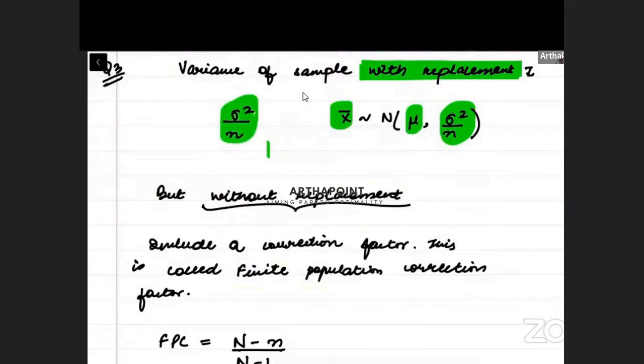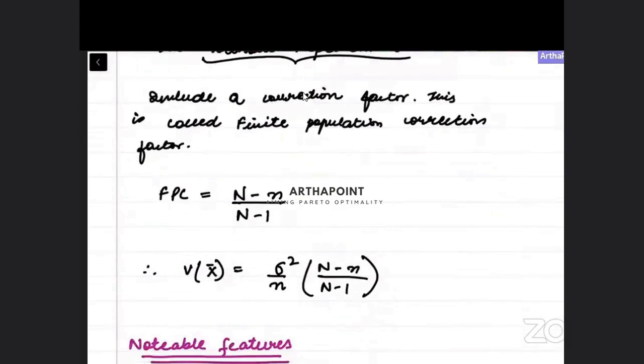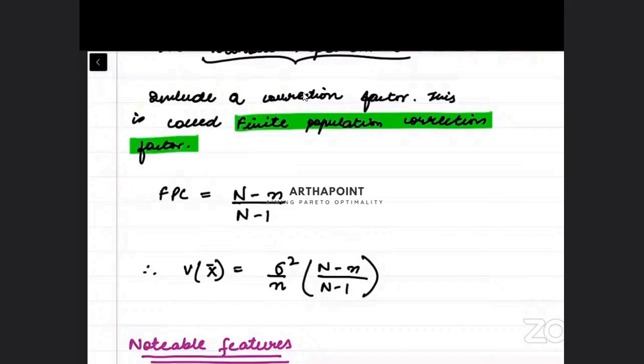Now let's talk about without replacement. When I talk about without replacement, we usually have something known as a correction factor, and that is known as the finite population correction factor. It is given by capital N minus small n upon capital N minus 1, where capital N is for population and small n is for sample.